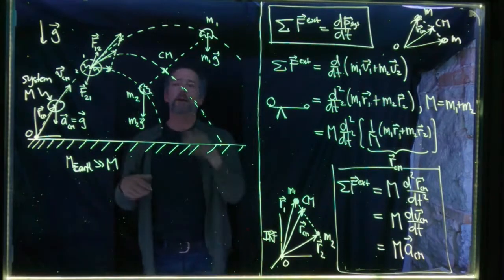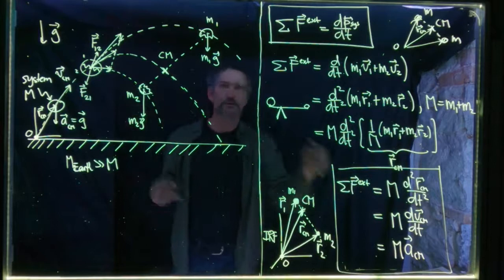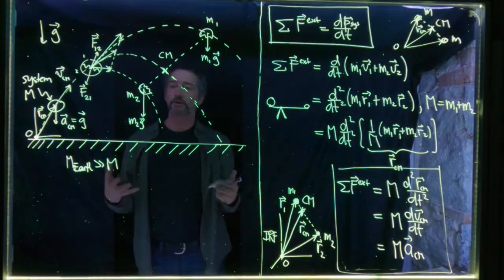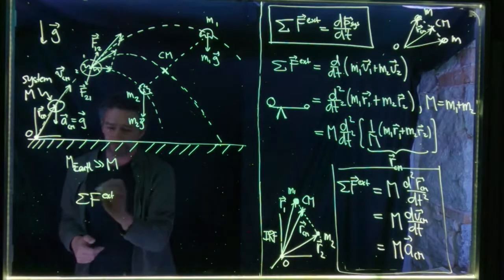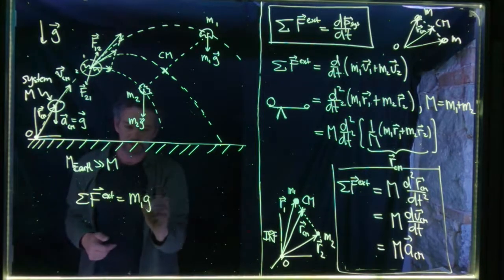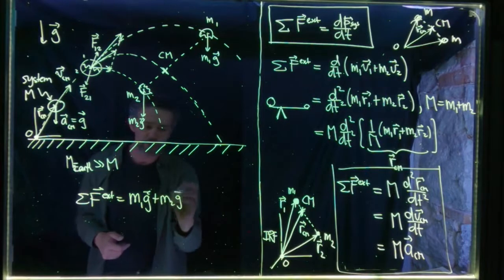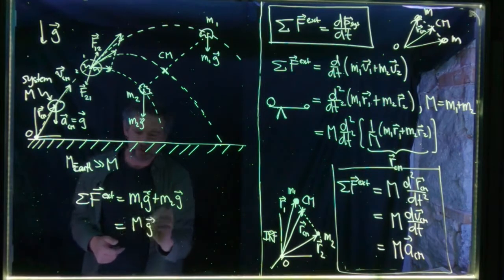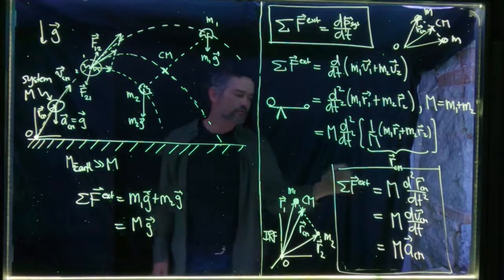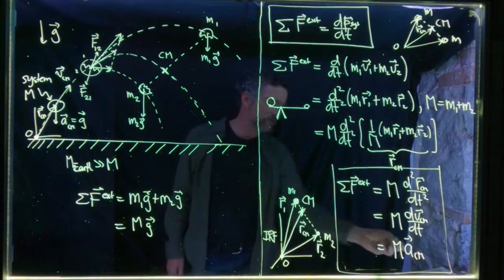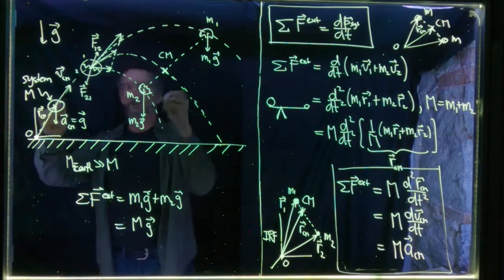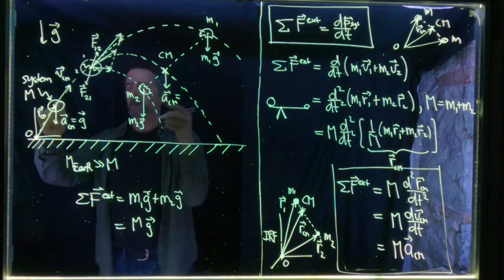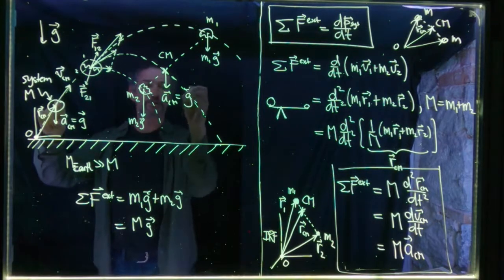And when you add m1g plus m2g, the sum of the external forces acting on the system, that's just the total mass times g, Mg. And so the external force is just Mg, and that's equal to M a_CM. So the acceleration of the center of mass point is always just g.